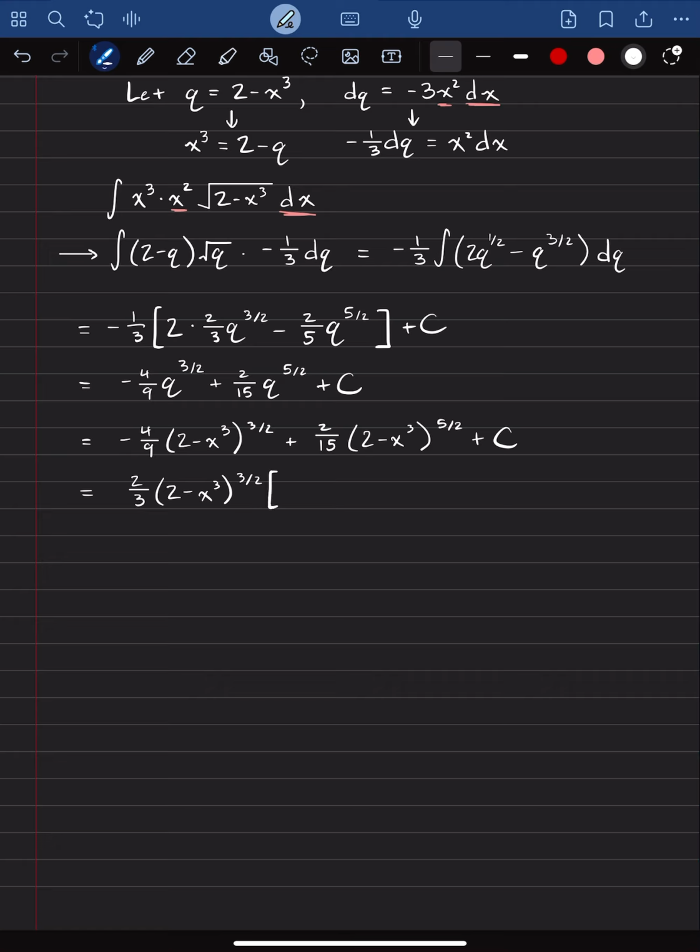So this will all be multiplied to 2/3 times what gives me 4/9. Great question. That's going to be -2/3. And then 2/3, 2 minus x cubed to the 3/2 times what gives me positive 2/15, 2 minus x cubed to the 5/2. Great question. Amazing question. That would be 1/5 2 minus x cubed.